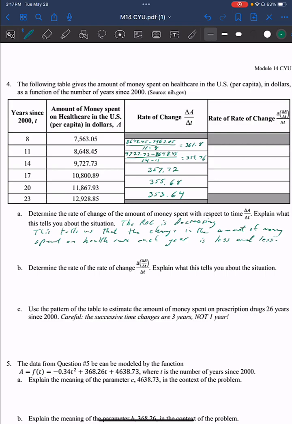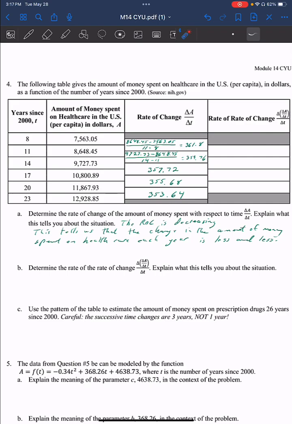Okay, so the amount spent on healthcare is less and less each year. And we can see that because these numbers are getting just a little bit smaller each time. And so even though the amount of money spent is increasing, it's increasing by smaller and smaller amounts.